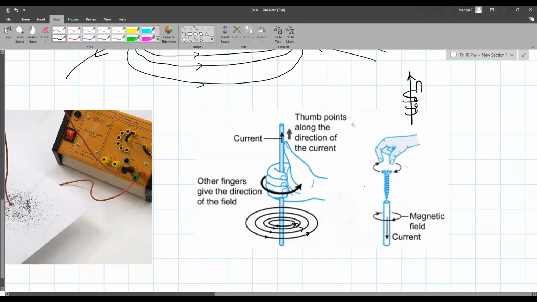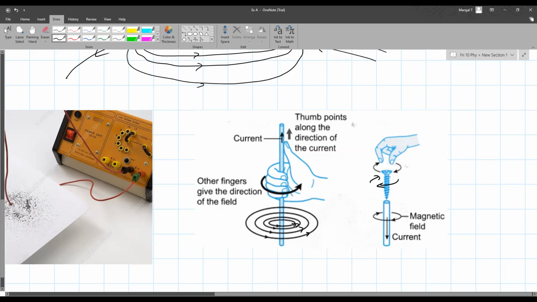Another way to express the same rule is the corkscrew rule. The corkscrew rule tells you to imagine that the current is flowing down, then how will you rotate the screw such that the screw will go in the direction of the current? A screw, or you can imagine a bottle cap as well.